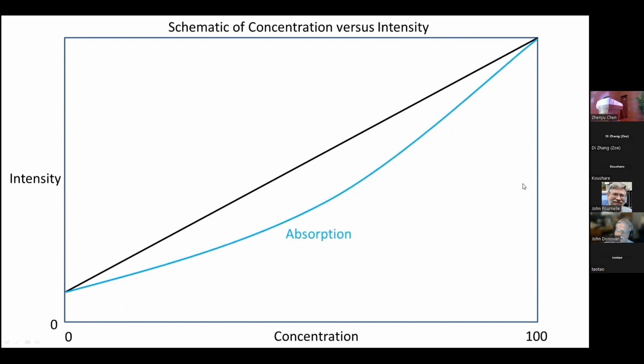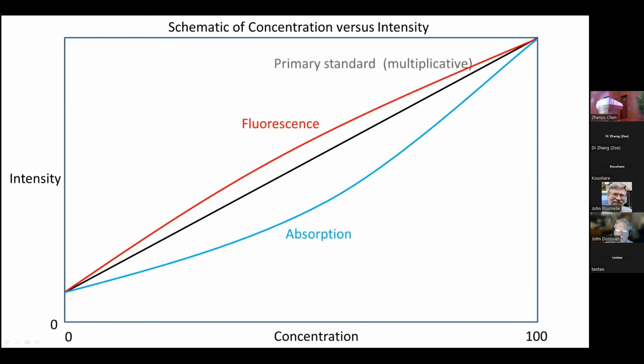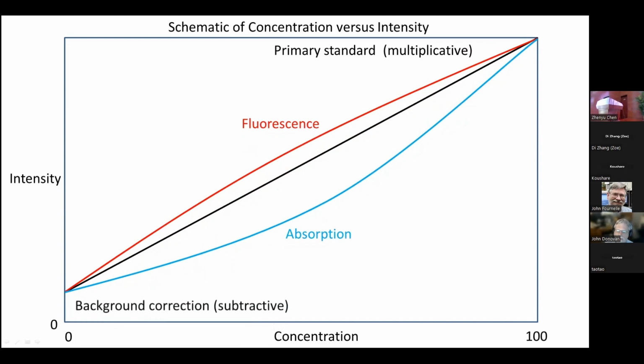So in this kind of a curve, we have our absorption correction, if absorption is dominant, and we also have, of course, fluorescence, if fluorescence is dominant. And for our major element, the corrections that we apply here are multiplicative. And the background, however, is a subtractive correction.